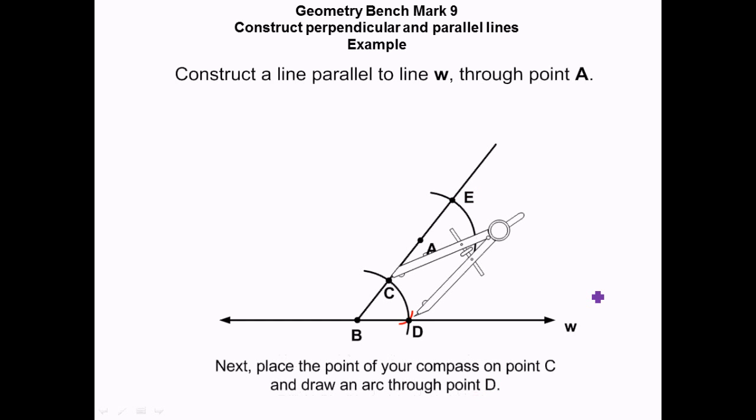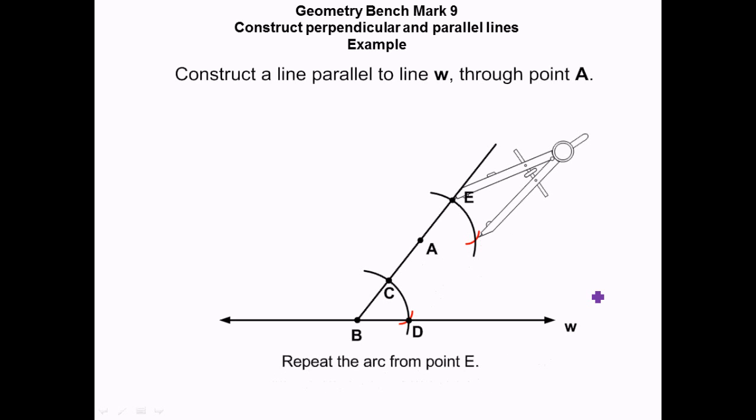And then we measure, and we make an arc through D. And we make the same arc on this arc. So this distance between C and D will be the same as between E and this intersection.